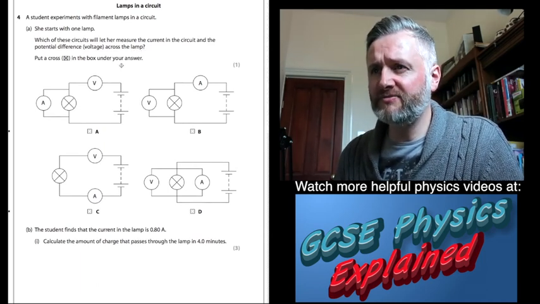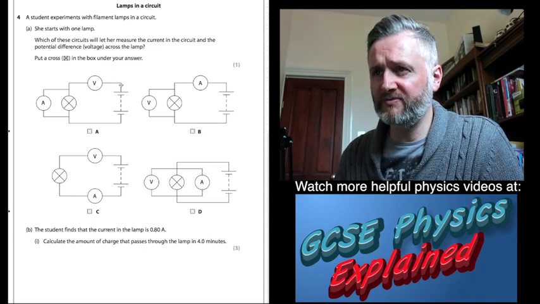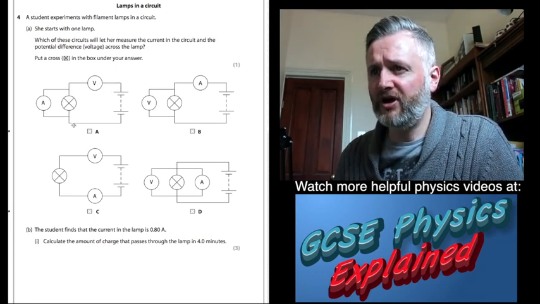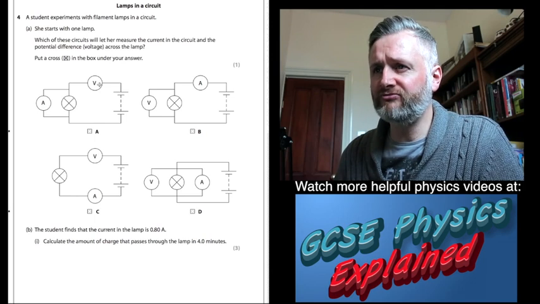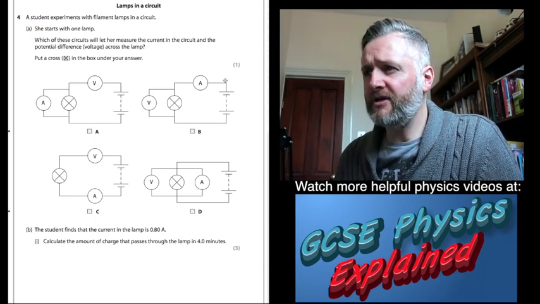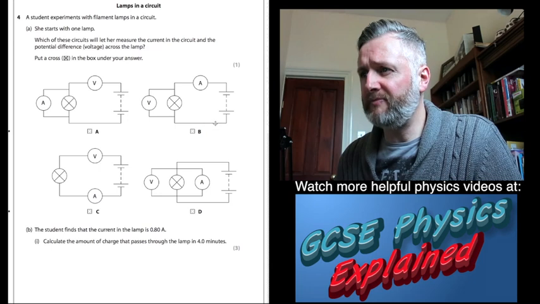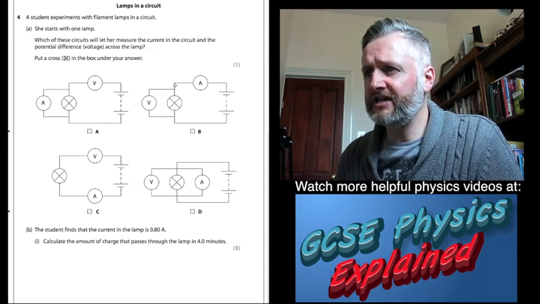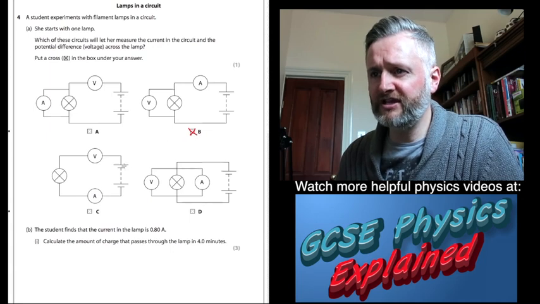So ammeters have to be connected in series. They measure current. They have to be part of the circuit. So this A is wrong. B, ammeters part of the circuit. Yep. Now voltmeters need to be connected in parallel, which means across the component. Is that correct? Yes, it is. So it looks like it's B. Let's just have a look at C and D though.